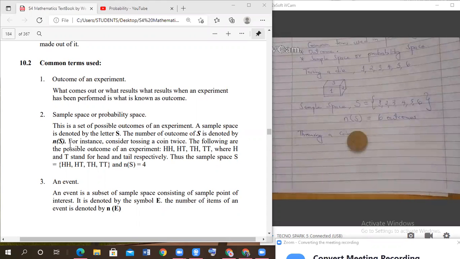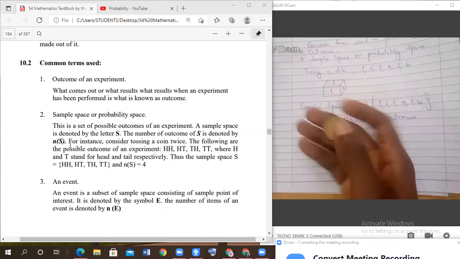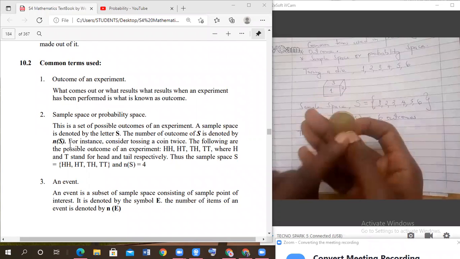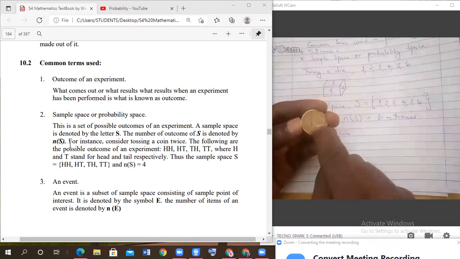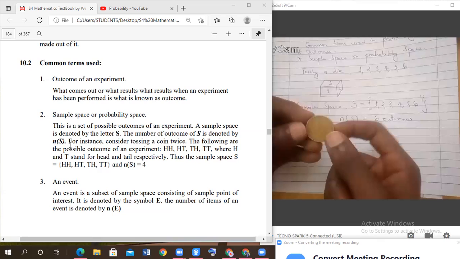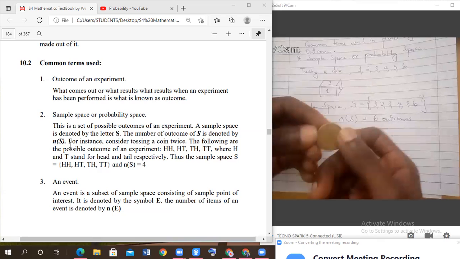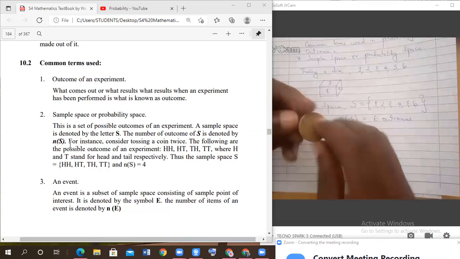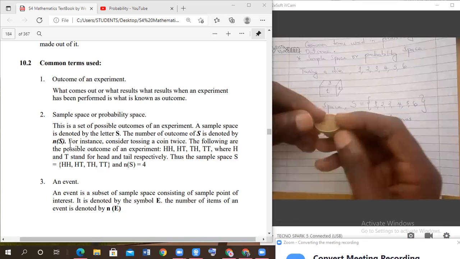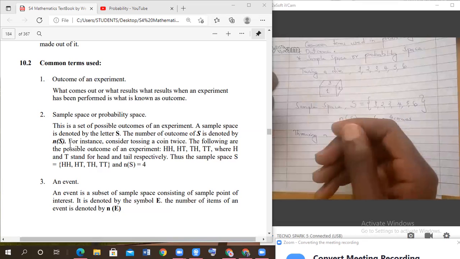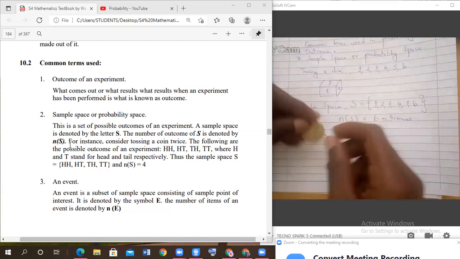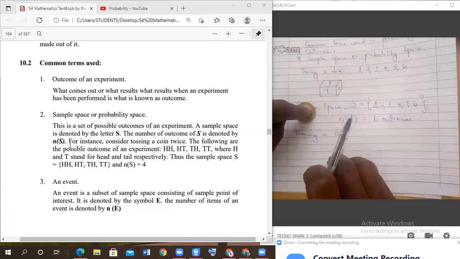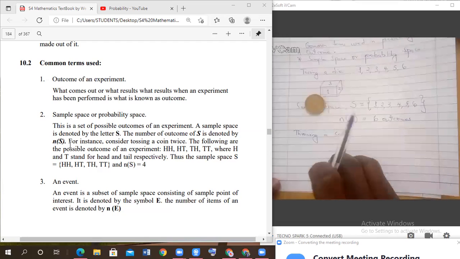So when you toss this, this is the head, this is the tail. Members, you can see these are the only 2. What is the sample space there? There's only 2, not so? You can either get a tail or a head.